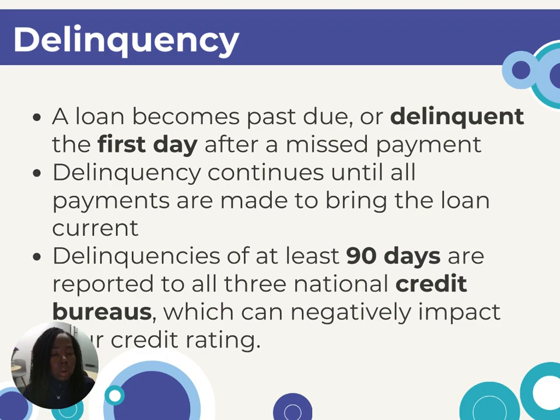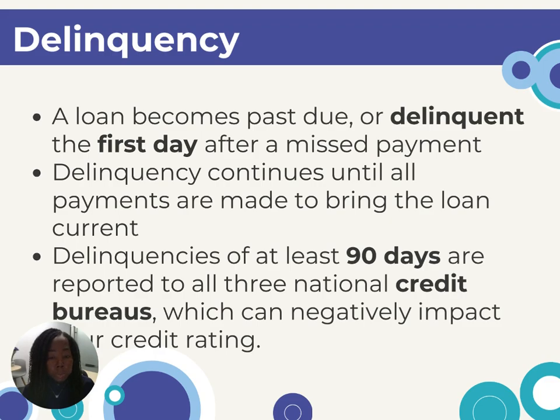So, this is important to highlight at this point in time because after the COVID pause, there was a 1 year on ramp to repayment, which is essentially a grace period that ended on September 30th of 2024.